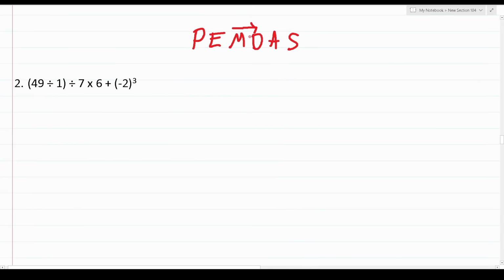That is to say they're treated as equals. And then we do addition and subtraction as they appear in the expression from left to right. So let's go ahead and copy our expression down. We have 49 divided by 1 divided by 7 times 6 plus -2 to the third.